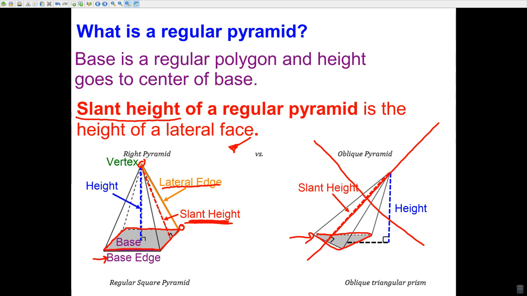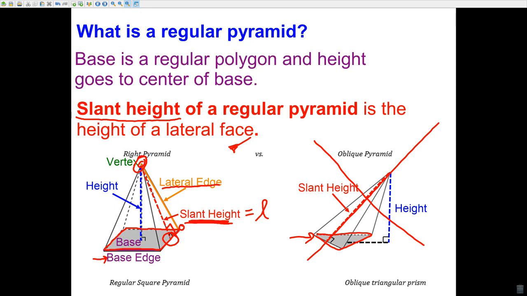You want to know what this is. And we're going to represent this later with a lowercase l. Okay, it goes from the top of the pyramid, the vertex, and it's going to go to the middle of one of the sides of the base edges, okay? And if you notice down there, it creates a right angle as well.